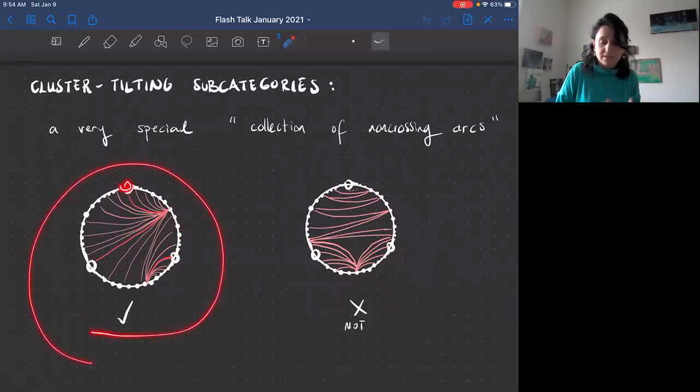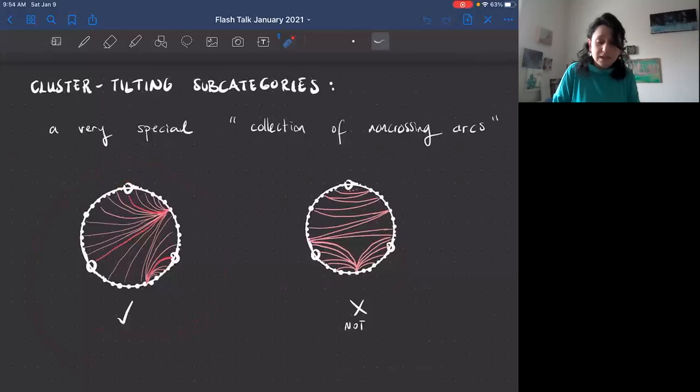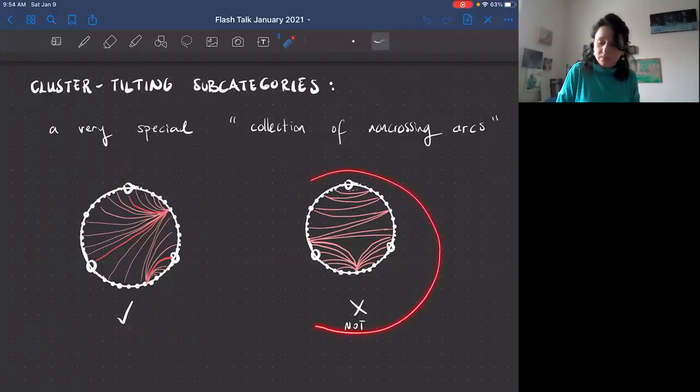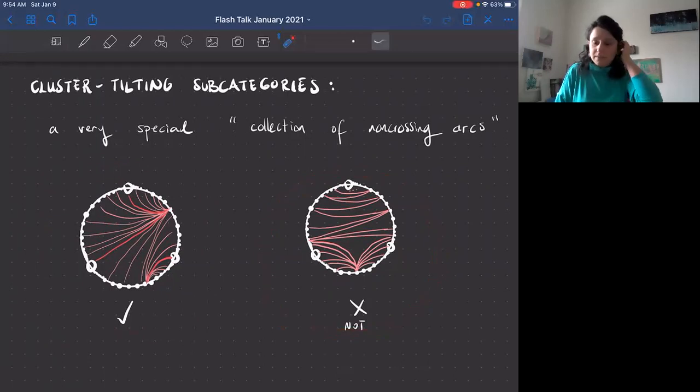So this is, for instance, an example where the objects which correspond to the collection of these arcs will form a cluster tilting subcategory. Here, there is one that doesn't satisfy the properties. If we, for instance, have such a situation at an accumulation point, this will certainly not form a cluster tilting subcategory.